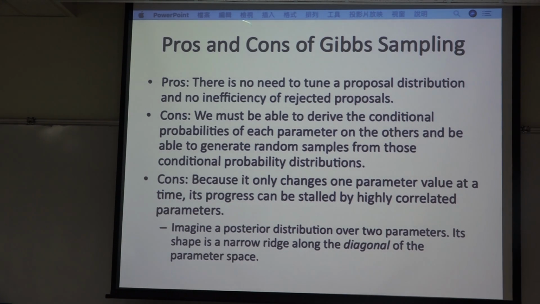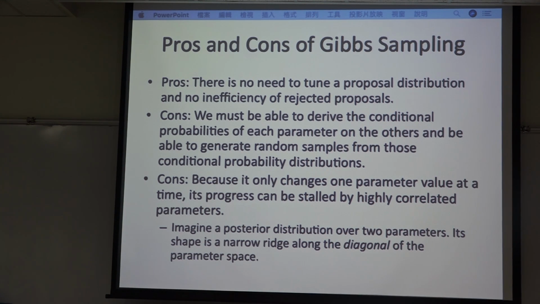So, pros and cons of Gibbs sampling. There's no need to tune a proposal distribution and no inefficiency of rejected proposals. You don't need to reject a proposal, and there's no need to tune a proposal distribution because you don't have the standard deviation value to tune.